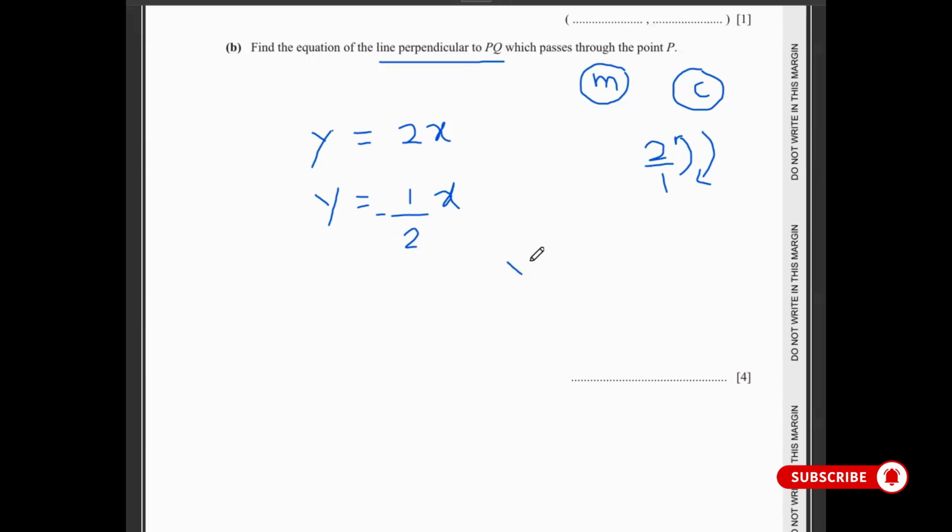If I give you another example, look at this one, y equals 5x. Can you tell me the equation of the line perpendicular to this line?